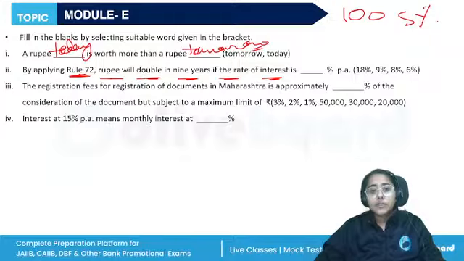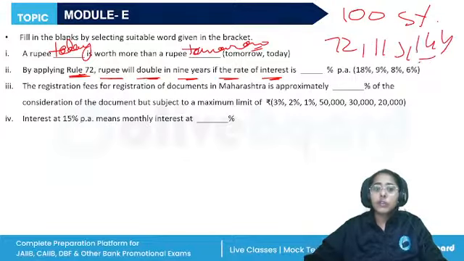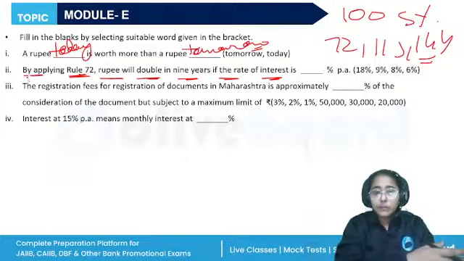All right. So there are certain rules which are given: the rule 72, 115 and 144. So the second question: by applying rule 72, a rupee will double in 9 years if the rate of interest is... So what happens in rule 72?